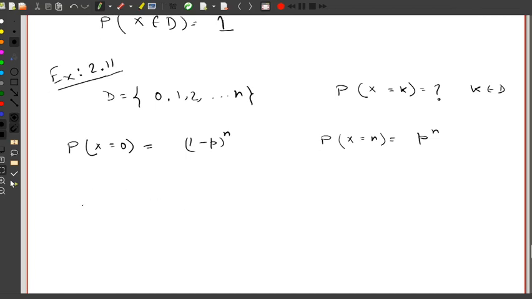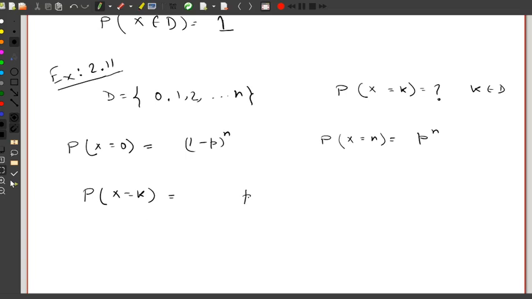Now let's talk about a general value, probability x equals k, where k belongs to the set D but is not equal to 0 or n. So the two extreme points I am removing, and the middle points I am trying to find. We have x equals k if we have exactly k successes and n minus k failures.